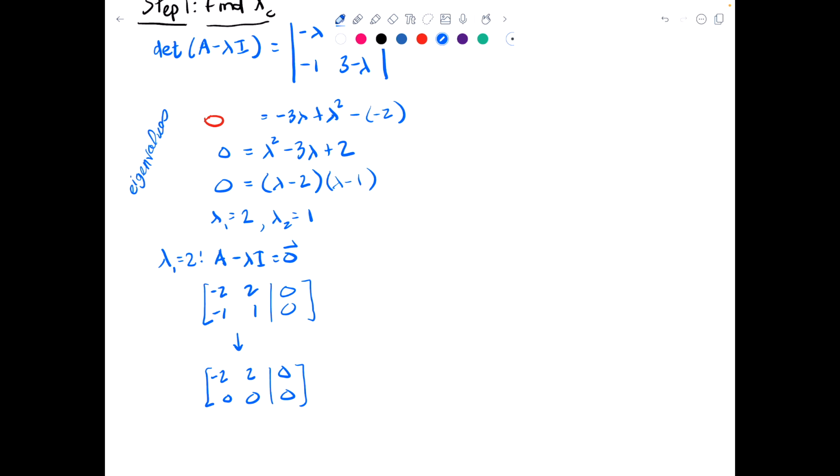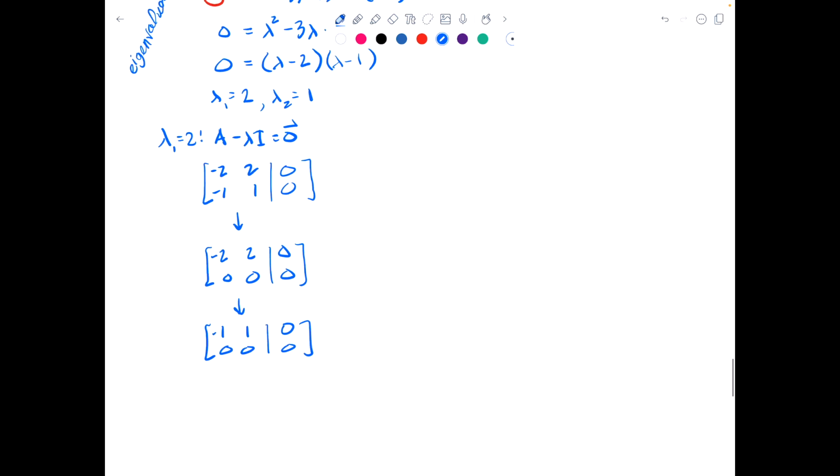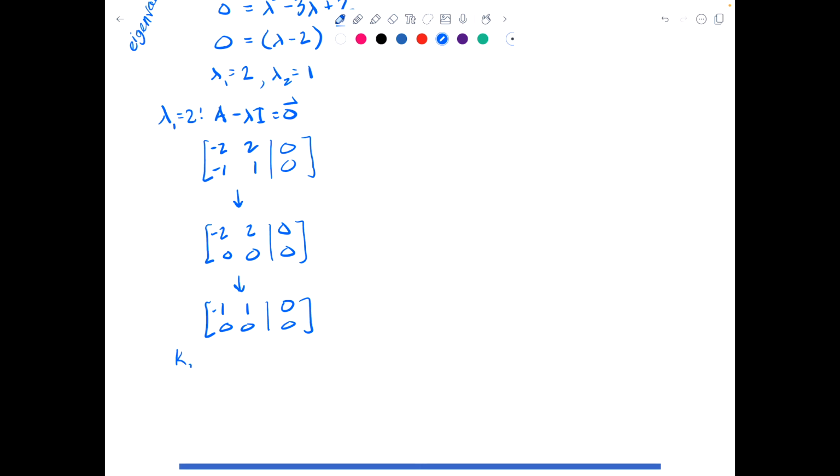And then if you further simplify by multiplying by a half to that top line, you'll have negative 1, 1, 0, and then 0, 0, 0. So if you put that into an equation form, you'd have negative 1 k1 plus 1 k2 is 0. And so k1 is going to equal k2.